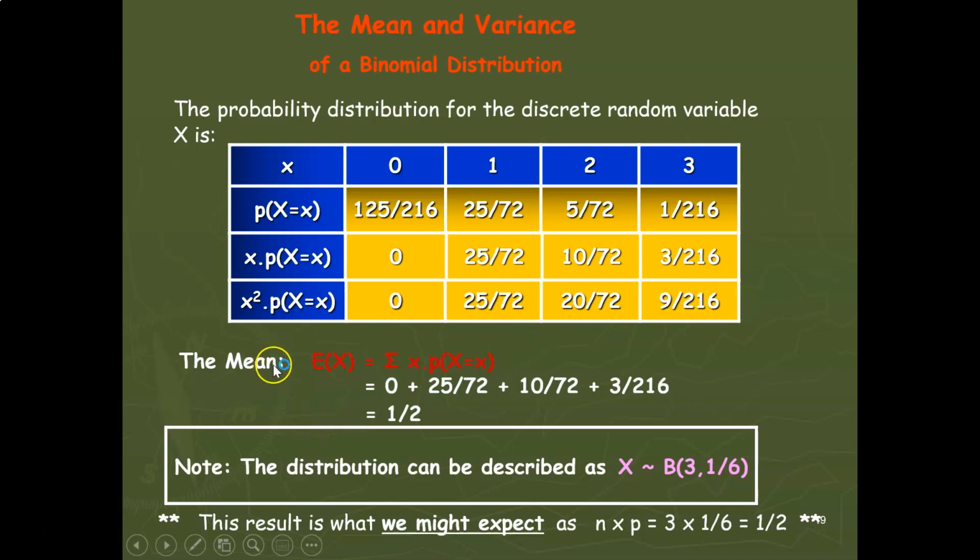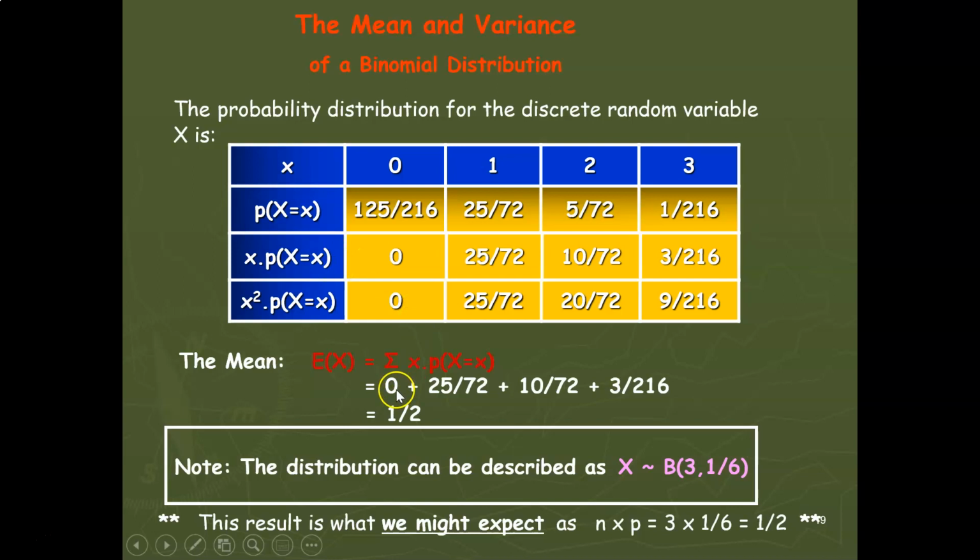Okay, so the mean is equal to E(X), the expectation of X, which equals the summation of x times the probability of x. That's why we calculated this row earlier, so you can easily find your E(X) or your mean.